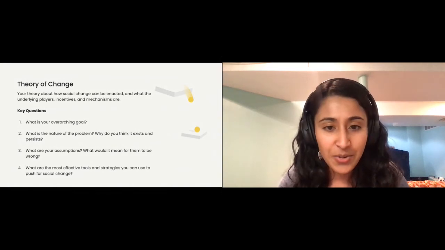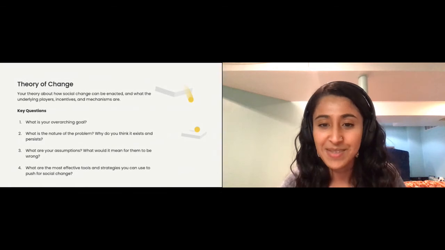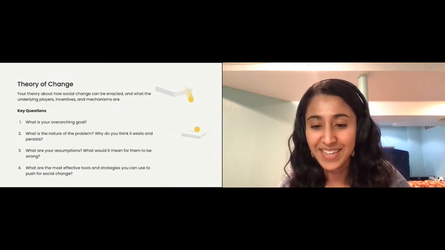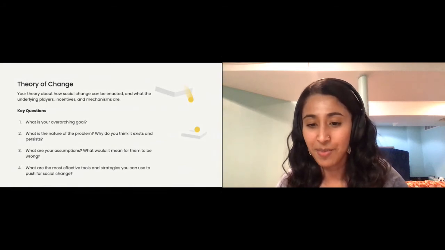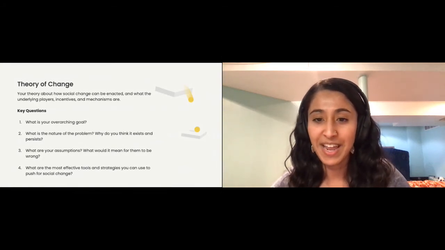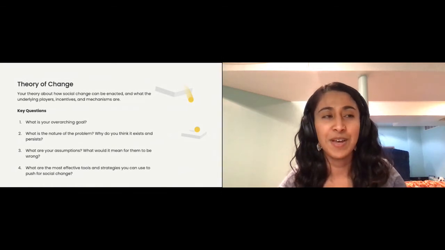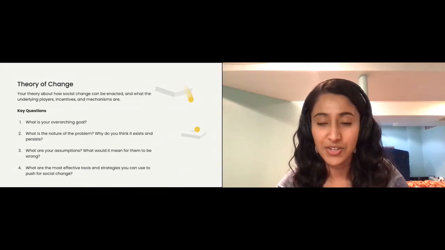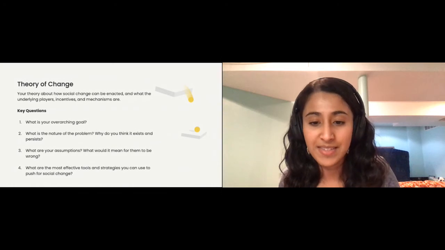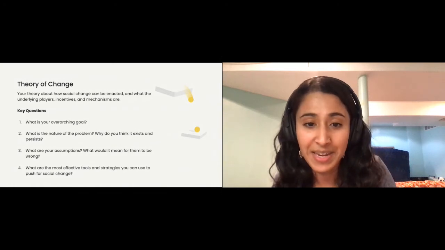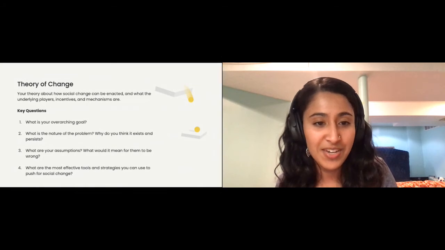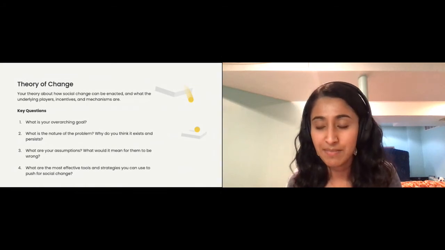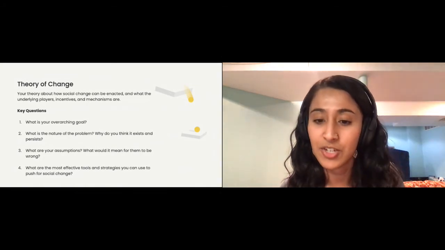The second question I also want to emphasize, because this is something that I think, again, tech people tend to run past, because sometimes we can think we know what the nature of the problem is. We know how things work. But I want to give an example of somewhere where it is really important to figure out what makes the problem problematic and why it still exists and why it persists. So imagine, and this is not exactly an inequality, but for some people, this might be a perceived injustice.